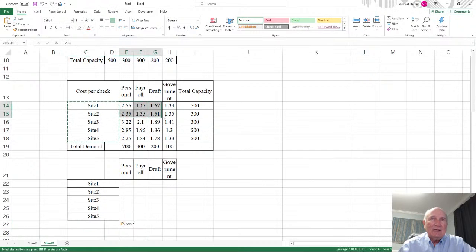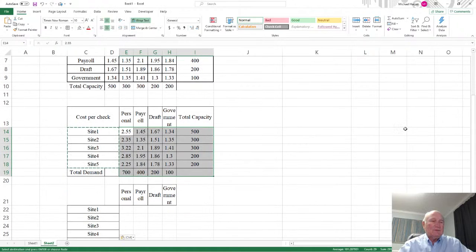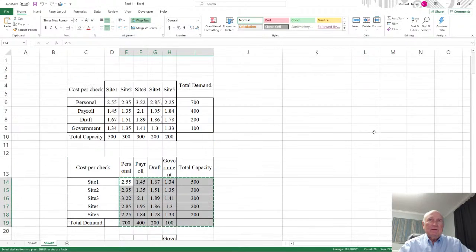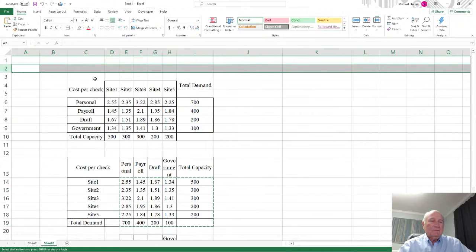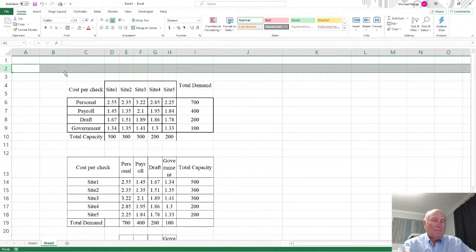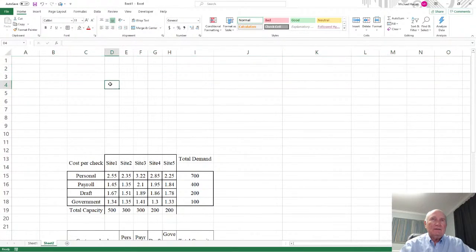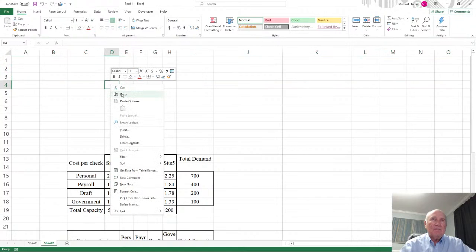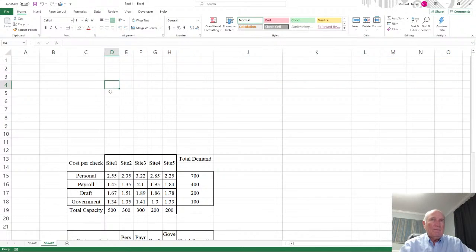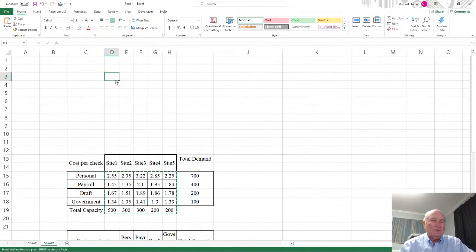Sorry about this. I'm going to take these here, Control C. I don't like all that stuff in there. All I want is the numbers. It's easier for me to manage.